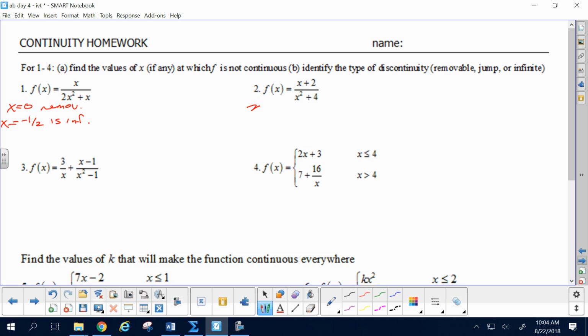Number 2 had none. Number 3, x equals 1 is a removable. X equals 0 and negative 1. Maybe I think I had one of these missing from your work this morning. Oh, you had both of them? Okay, cool. X equals 0 and x equals negative 1 are infinite. I spelled infinite wrong.